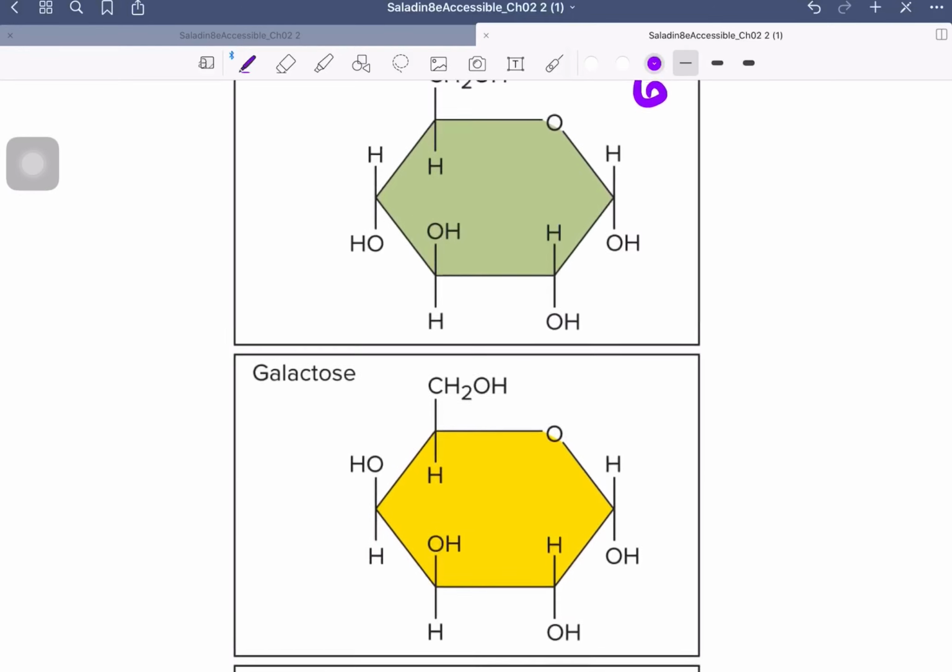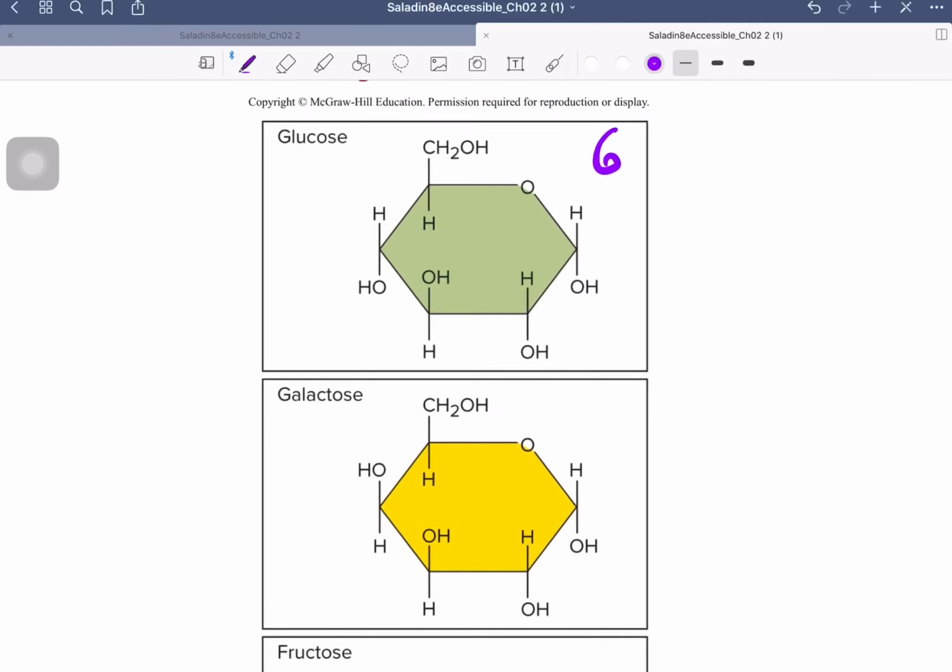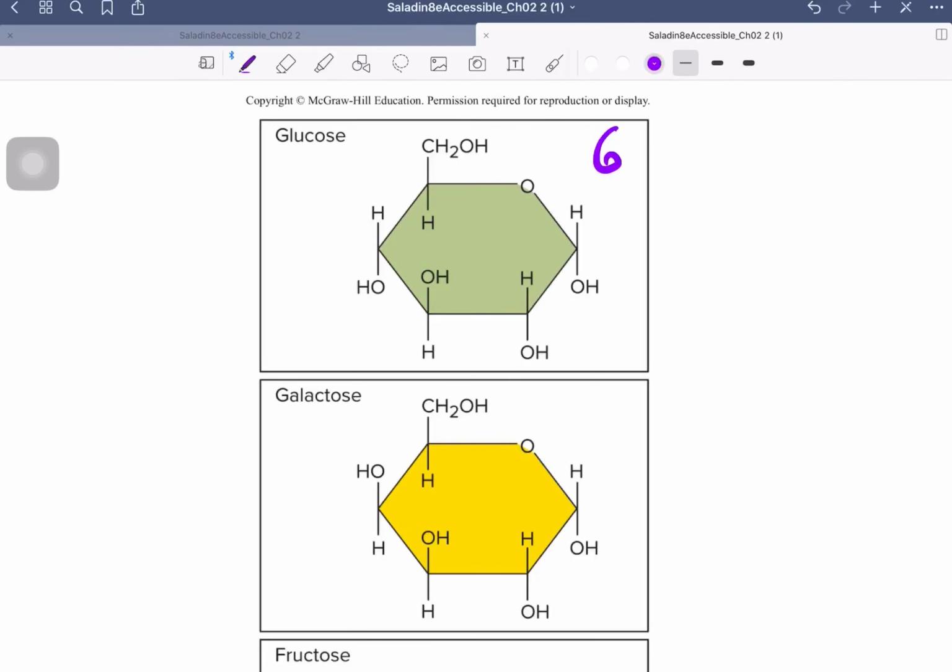Have a look at galactose. It looks very similar. The only difference that you'll notice is right here, in the orientation of the molecules in three dimensions. So that's galactose. Once again, it's a six-sided sugar.